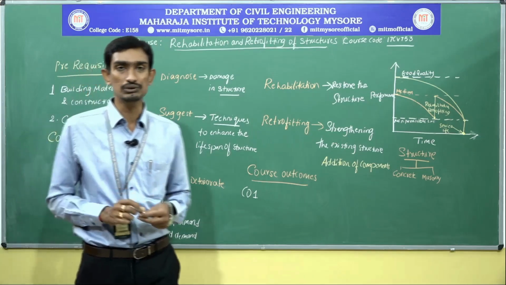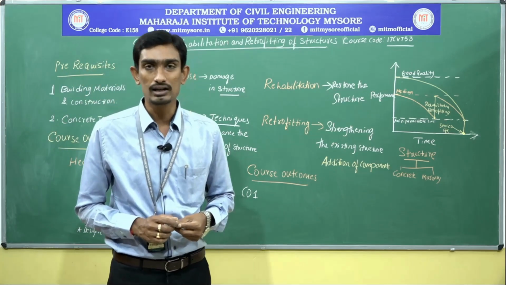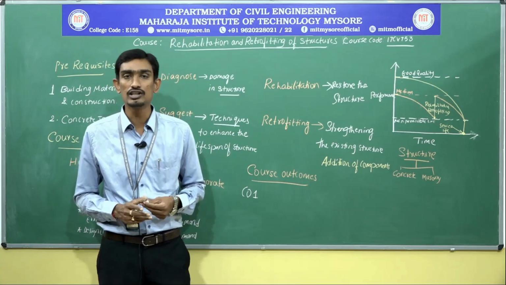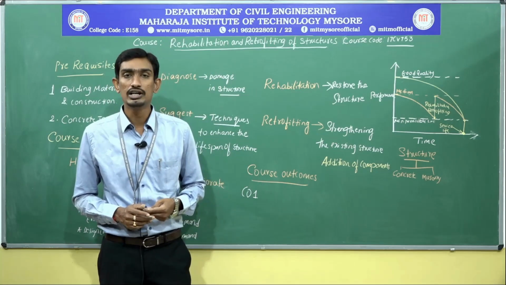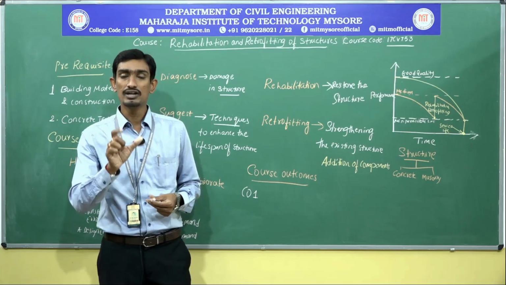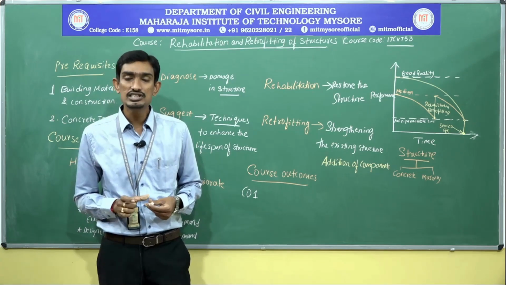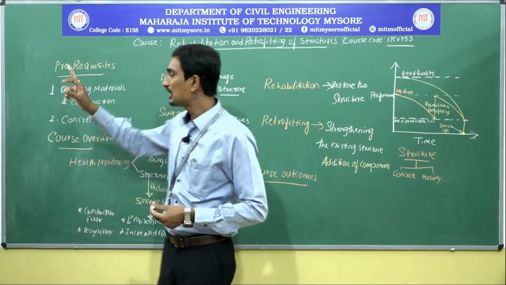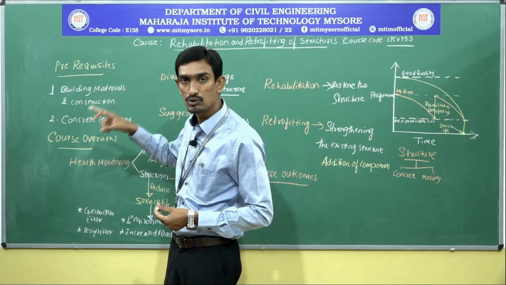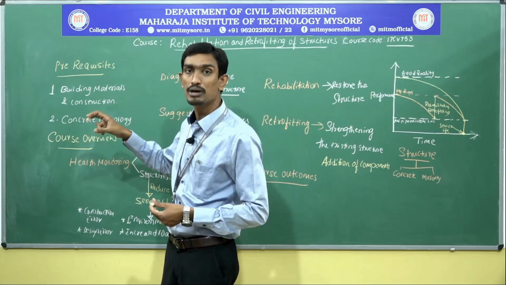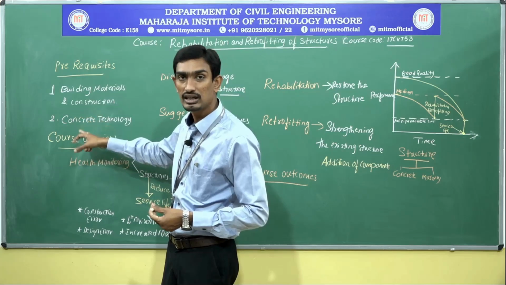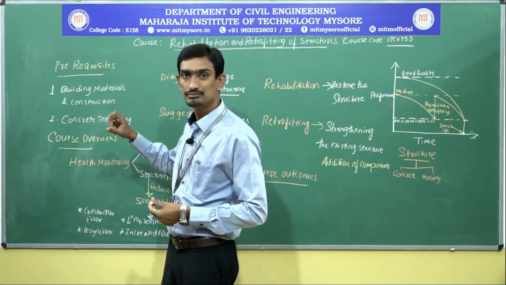So that is the first CO, or course outcome number 1. Apply the knowledge of engineering fundamentals to know the causes of deterioration of concrete structure. Engineering fundamentals means, in basic concrete technology, you have read how to produce concrete, what is honeycombing, what is the reason for honeycombing, what is shrinkage, what is creep.